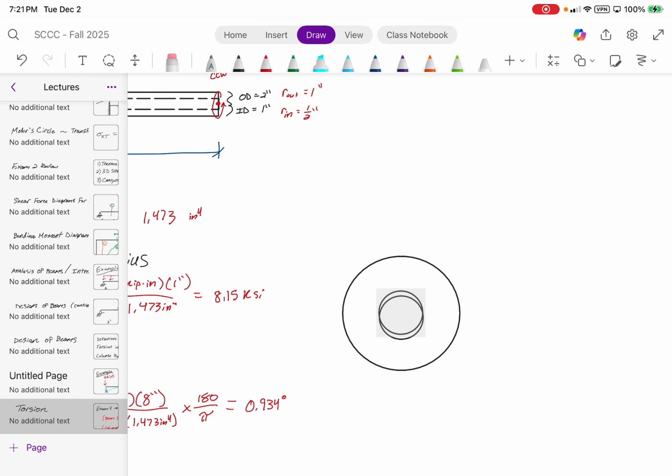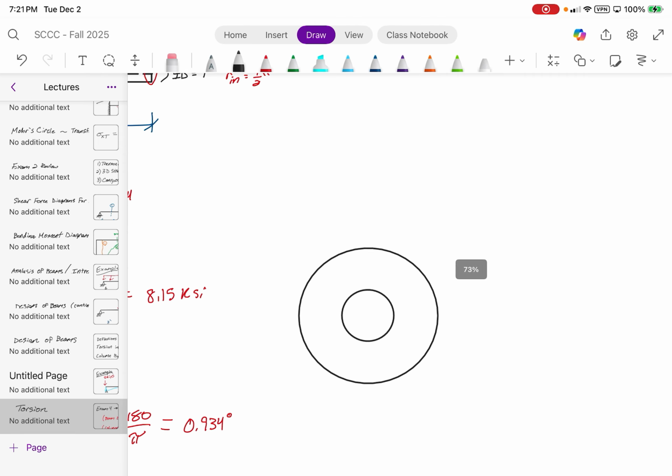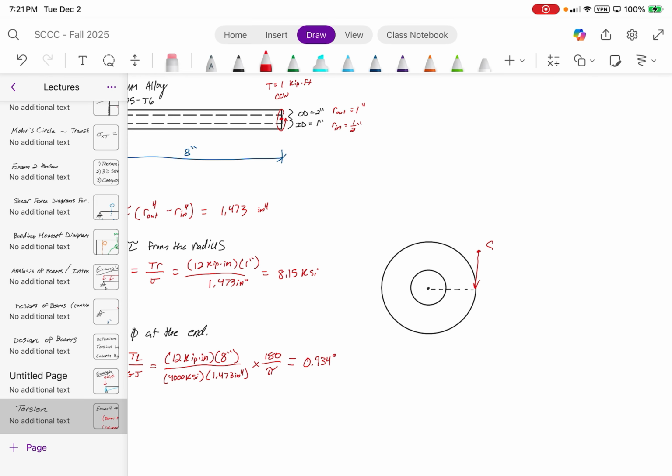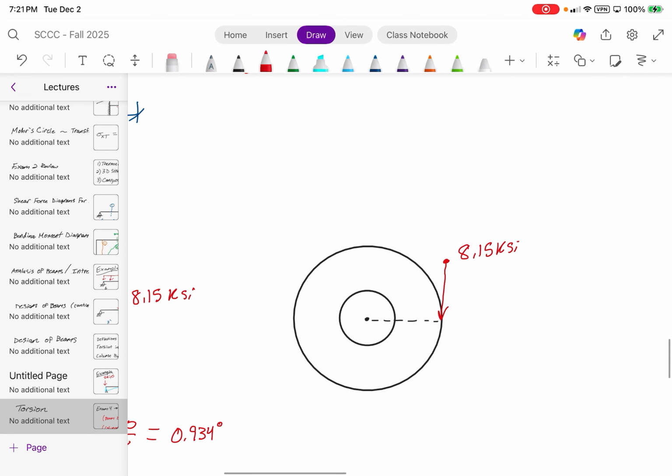So, what is the shear stress at the center? 0. Shear stress at the outer fibers is what? 8.15 KSI. We just calculated that, right? Now, if we are drawing this out, we will also have a tau min.